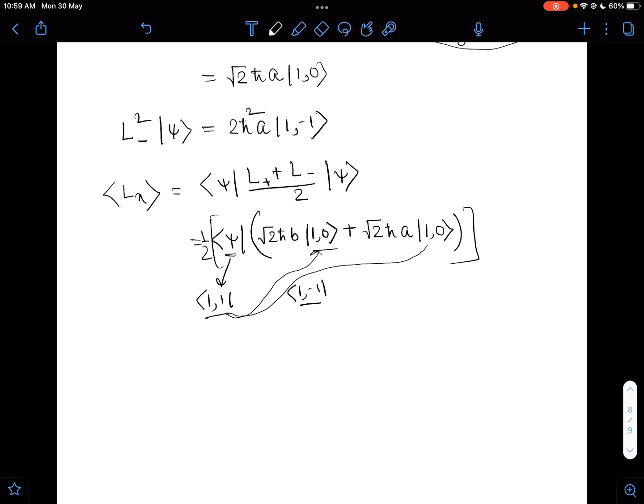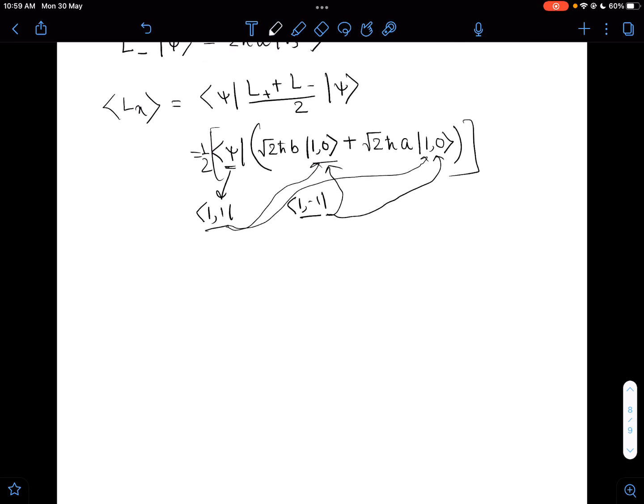So we have the Lx expectation value to be 0.